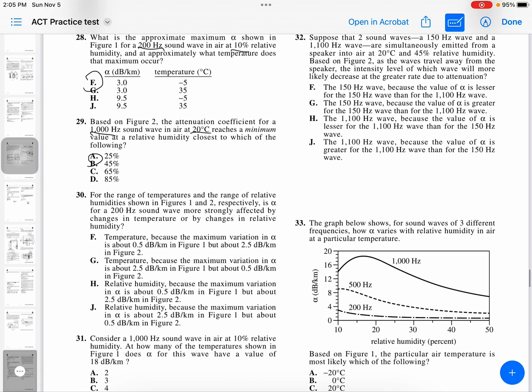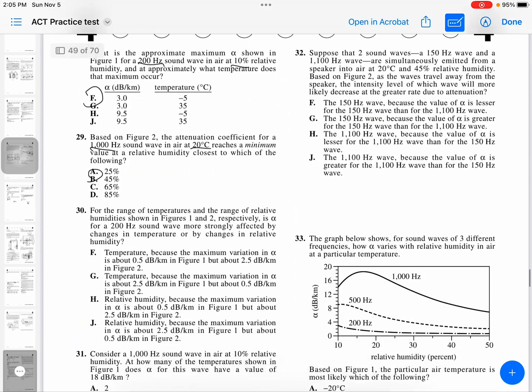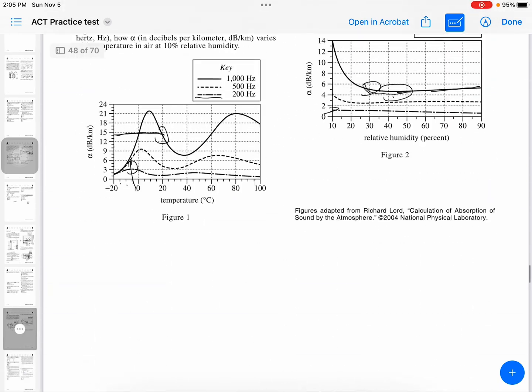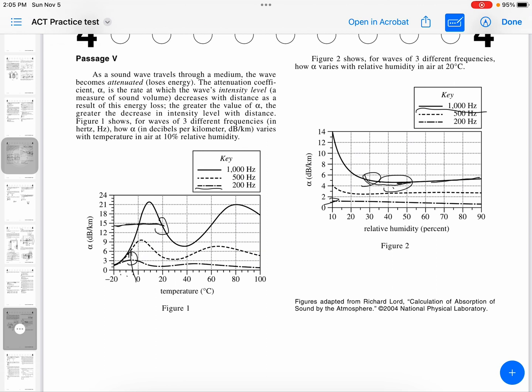For the range of temperatures and the range of relative humidity shown in figures 1 and 2 respectively, is alpha for a 200 Hertz sound wave more strongly affected by changes in temperature or changes in relative humidity? For 200 Hertz, we're going up and down for temperature and relative humidity. It's pretty flat.